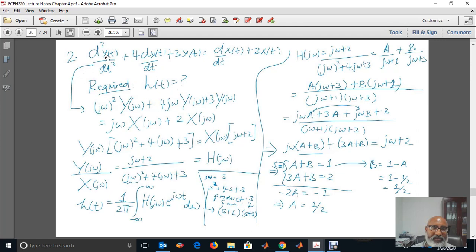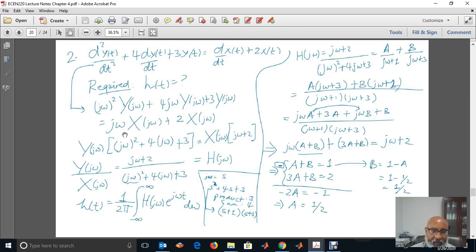So again, we change the differential equation to the frequency domain. The second derivative will become (jω)^2 times Y(jω). The first derivative will become jω times Y(jω), so 4 times this, and 3 times Y(jω). And the first derivative of x will become jω times X(jω) plus 2 times X(jω). Then what is common here?